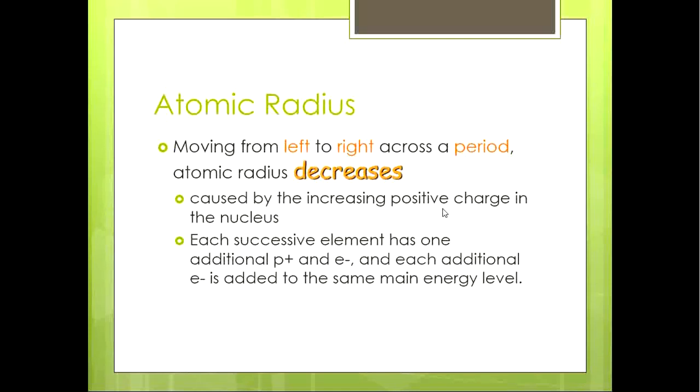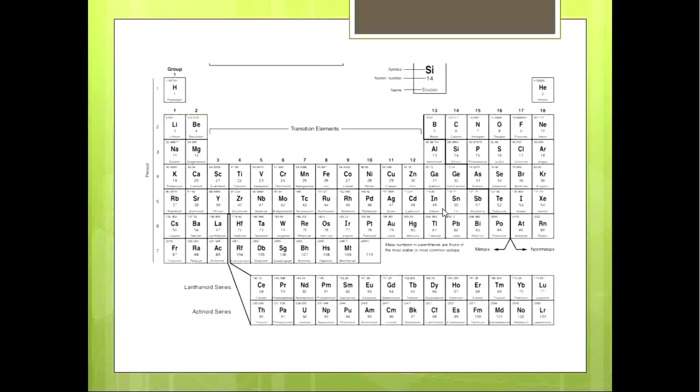It's getting more positive. And think about the electrons. The electrons are going to be on the same exact energy level. The electrons are not going further out, right? And so if the nucleus is getting stronger and the electrons are still on the same level, then the attraction between the nucleus and the electron is getting stronger, and the nucleus is tugging at those electrons a little bit more.